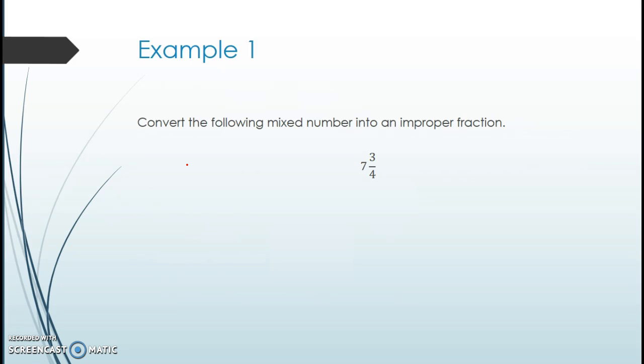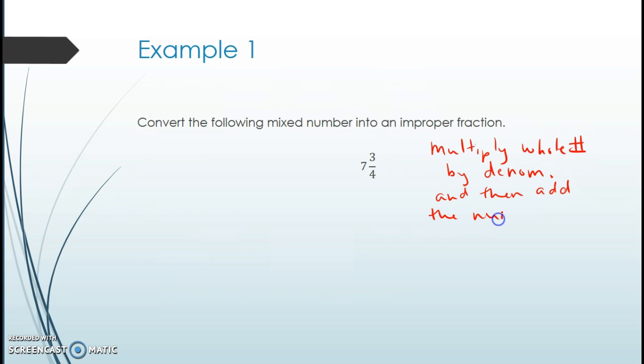So our first example here, we're going to convert the following mixed number into an improper fraction. So in order to convert, we're going to multiply the whole number by the denominator, which I'm going to abbreviate to denom, and then add the numerator.